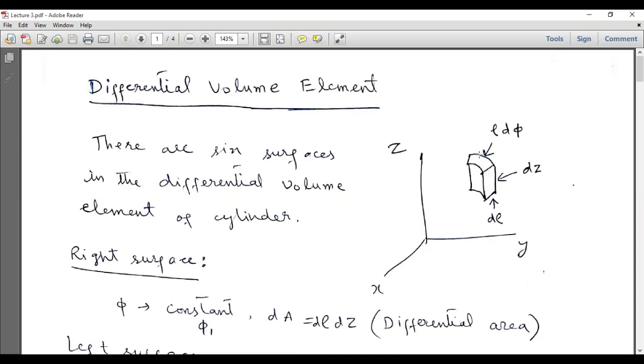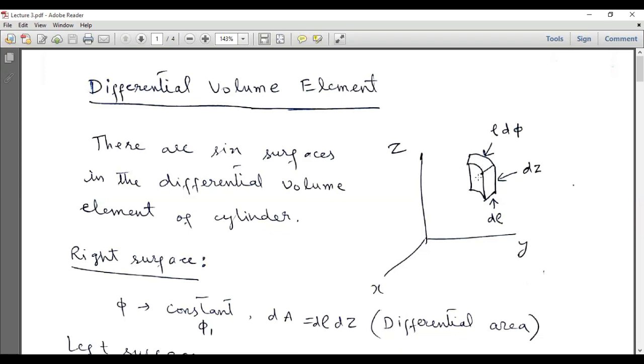Similarly, we have a top surface, and the differential area of this top surface is rho d phi multiplied by d rho, and similarly for the bottom surface the differential surface area is equal to rho d phi multiplied by d rho, and z will be constant for the top surface and the bottom surface, and z will be equal to z1 for the bottom surface, and z will be equal to z2 for the top surface.